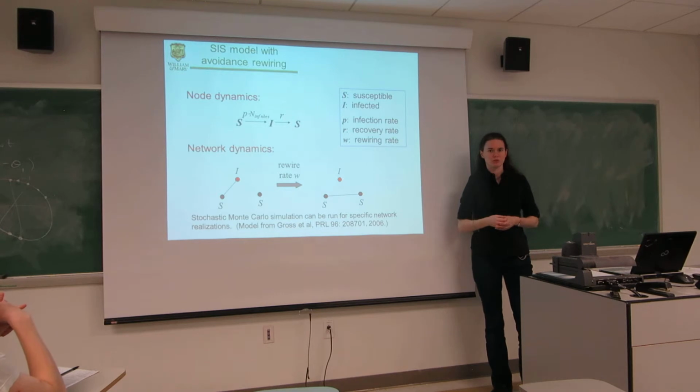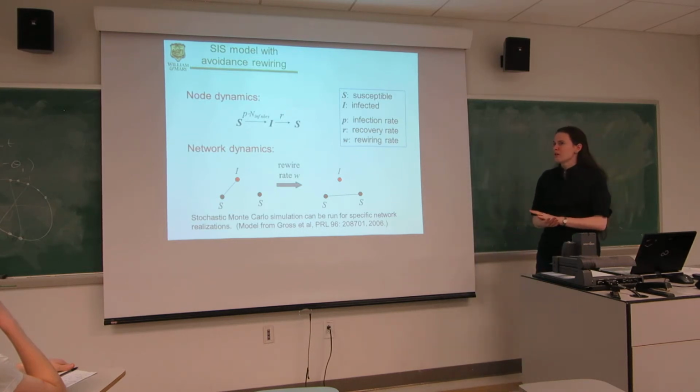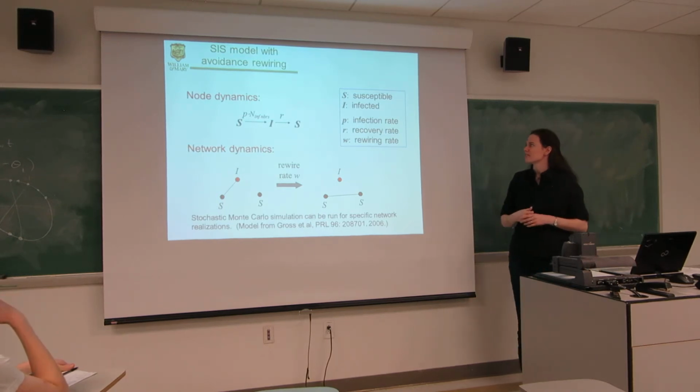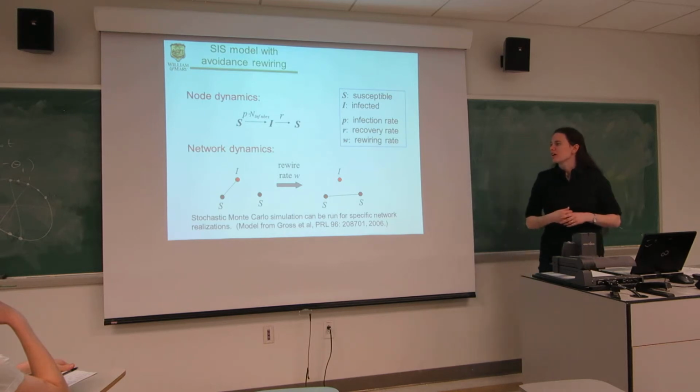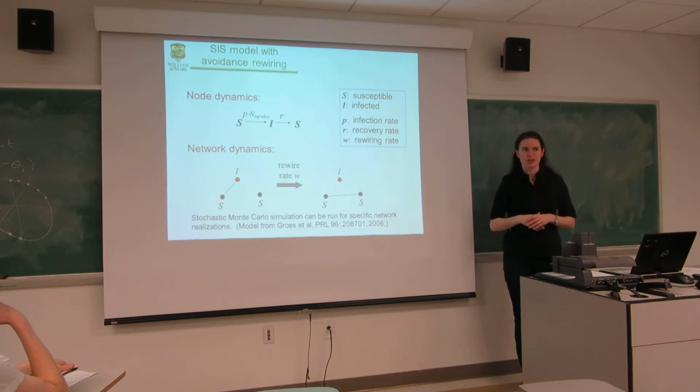So this would be a disease you can catch multiple times rather than something like measles where you get it once and you have pretty much lifelong immunity. This has been studied both by analytical techniques and also by just directly simulating these processes on networks. And because of the rewiring, the network structure is changing over time.